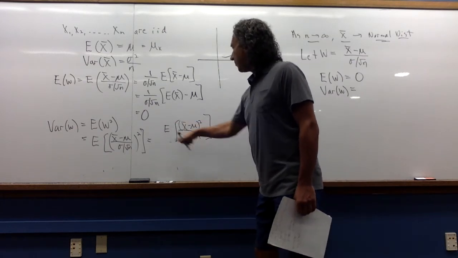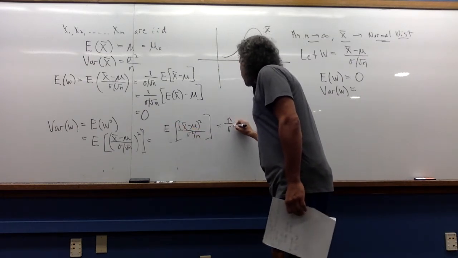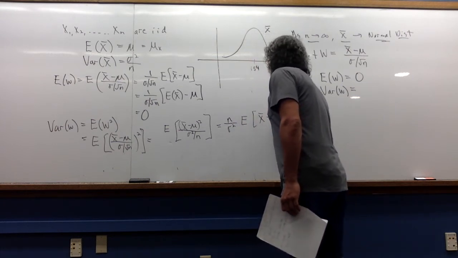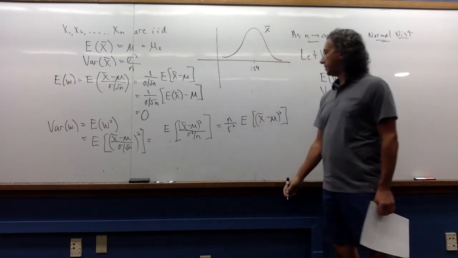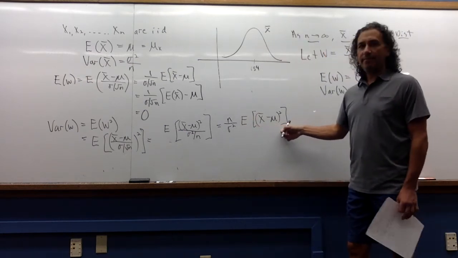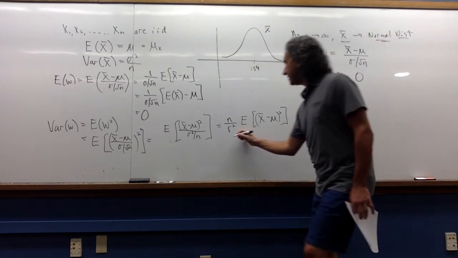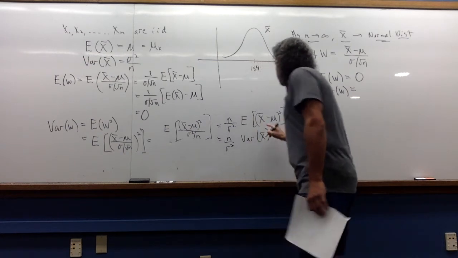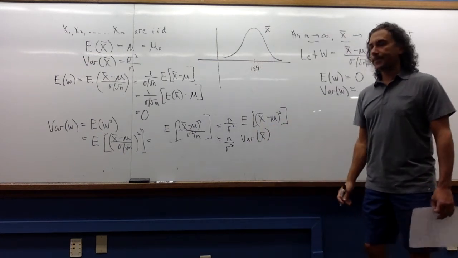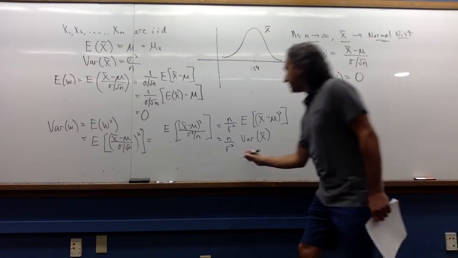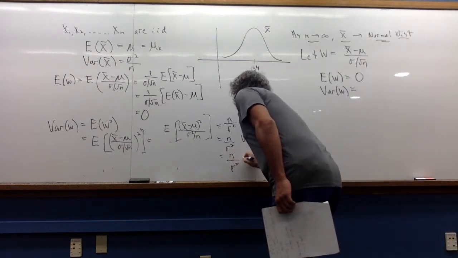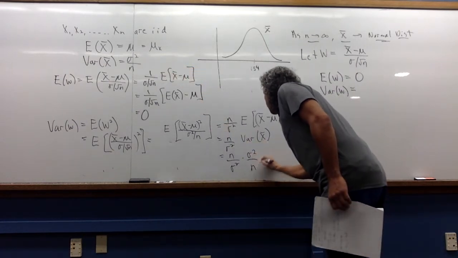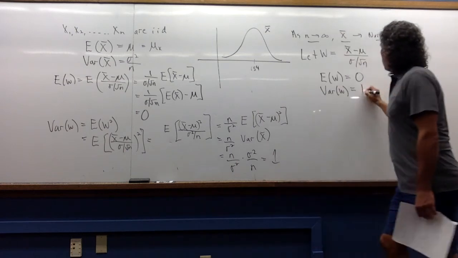Let me flip this and bring it out because it's just a constant. But this, by definition, is the variance of x bar. And the variance of x bar is sigma squared over n. Beautiful. I just get 1 out of this.